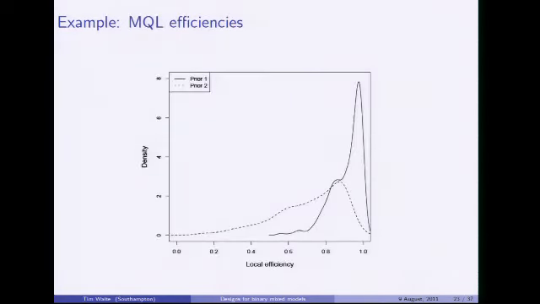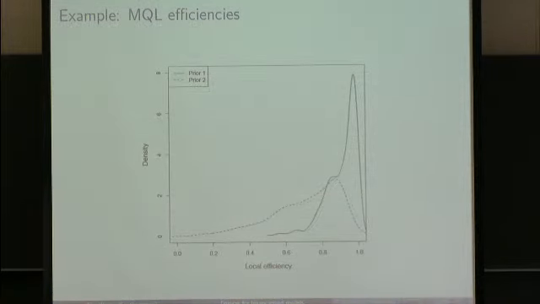Okay, let's now assess these designs in terms of their efficiency distributions. So what we've done here is essentially, for each of the prior distributions, we've generated a sample of 1,000 vectors from those distributions.